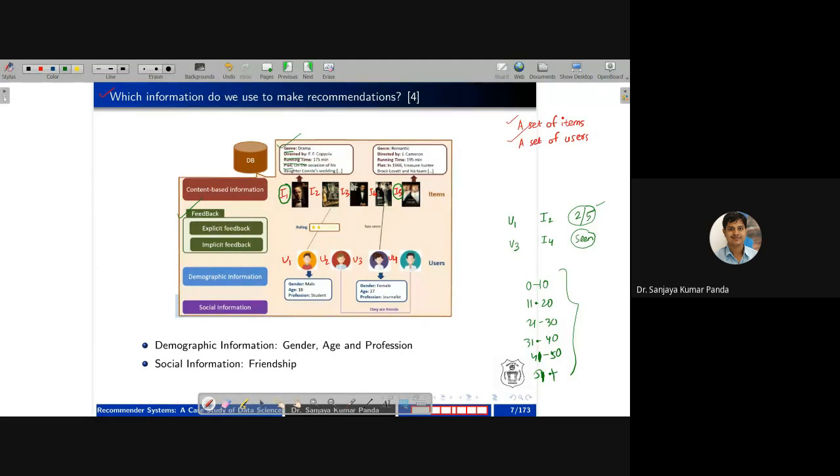There are also some products which are based upon the profession of the user, whether the user is a teacher or a student, a journalist, or a medical professional. So based upon this also you can categorize different products, right?